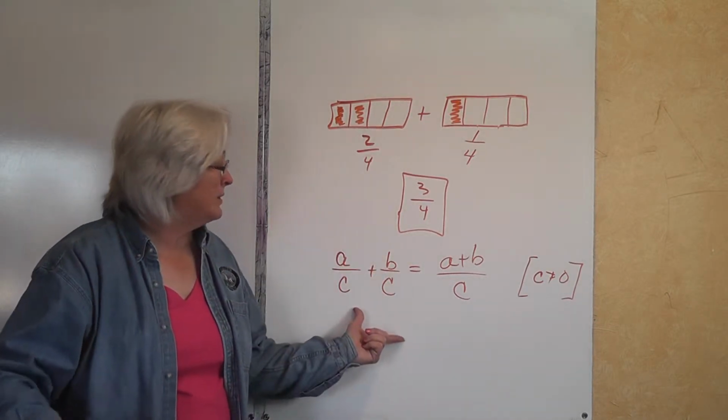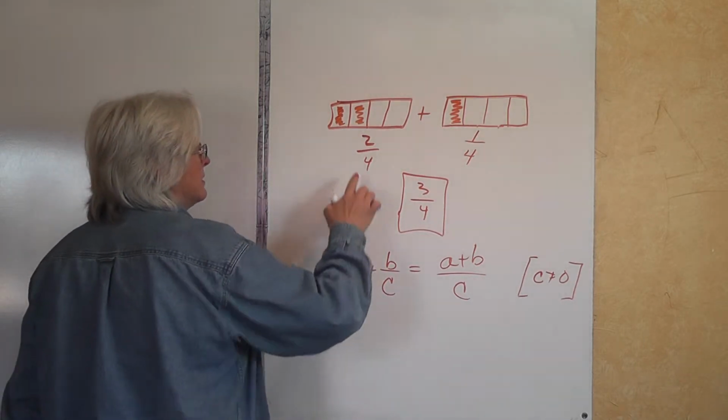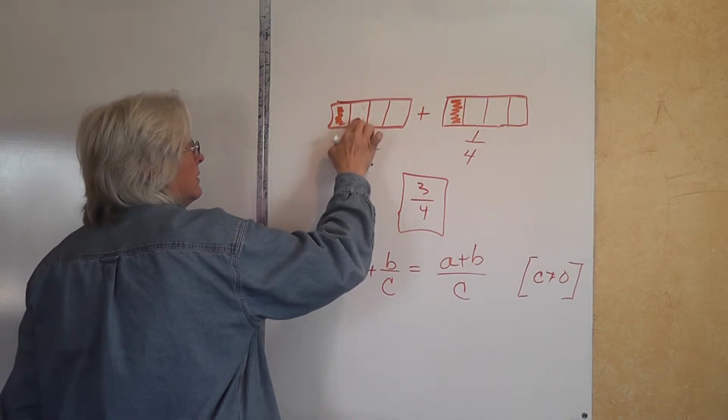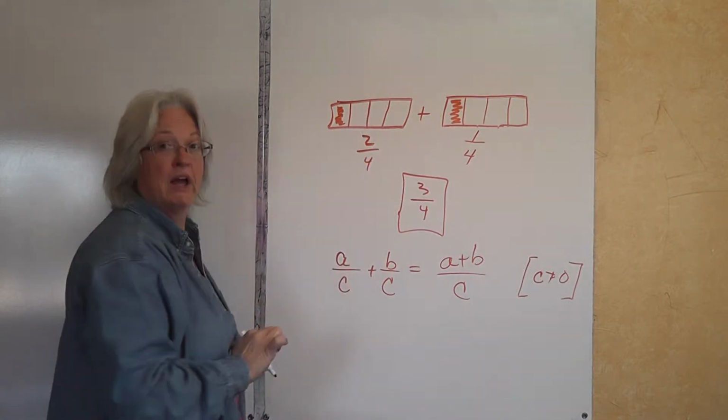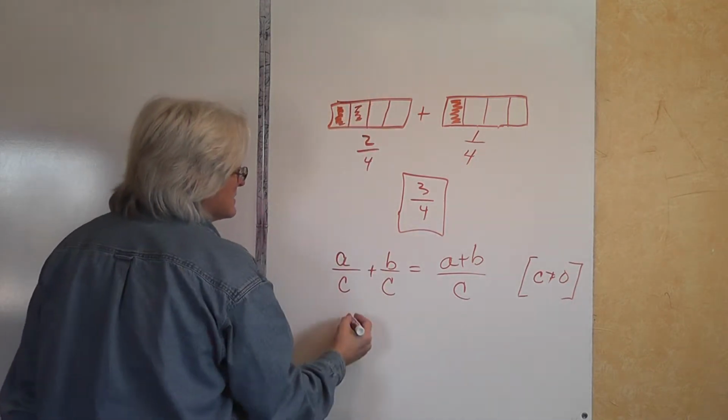The same thing would happen if we were subtracting. If we had 2/4 and we took away 1/4, we would have 1/4 left, correct? So we have the same thing.